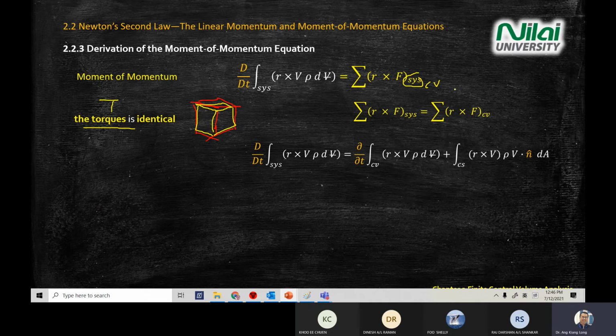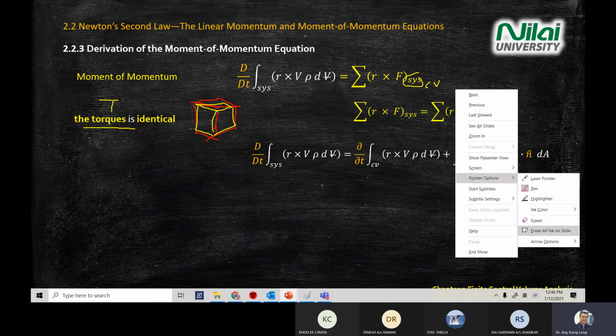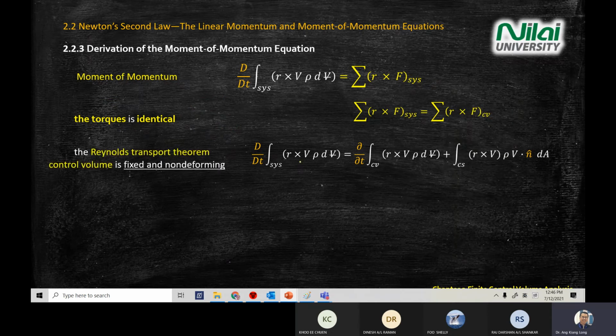All right. Next, you look at the third equation on the screen. The Reynolds theorem that we saw just now gives you the control volume dimension and the control surface dimension. Now the good news is, I highlight the red color on the screen here. Comparing above and below, the above is the general moment of momentum equation. The bottom one is from the Reynolds transport theorem, where you look at CV and CS.